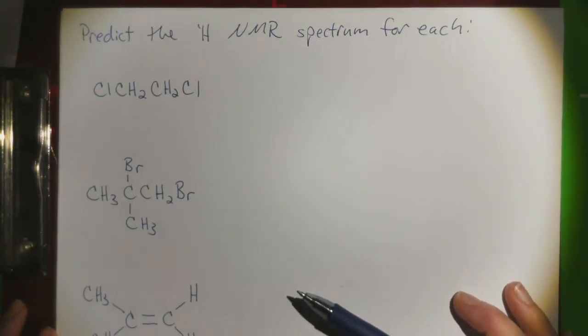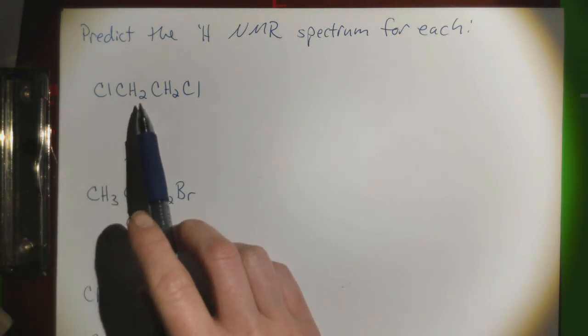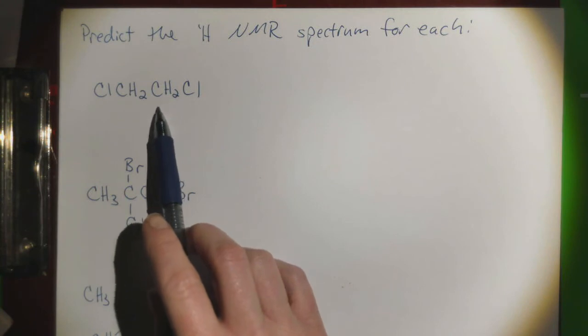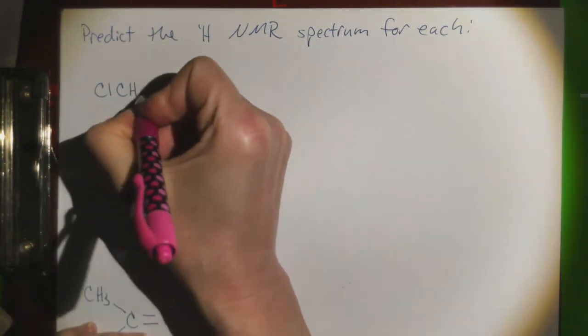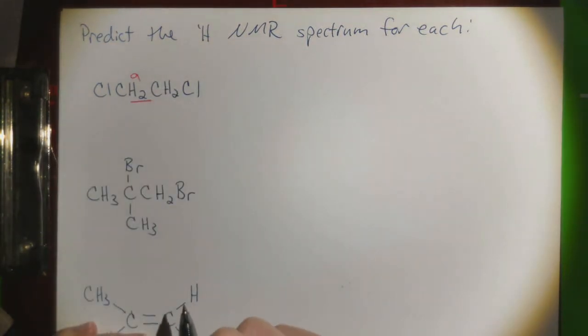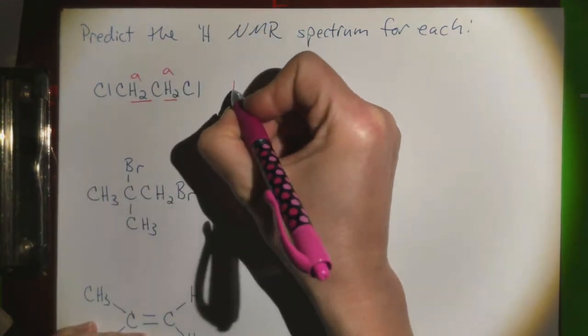Okay, let's look at this example here. Question number 1 is how many signals? So how many proton environments? This is proton environment A. Well, this is also proton environment A. So there's just one signal.